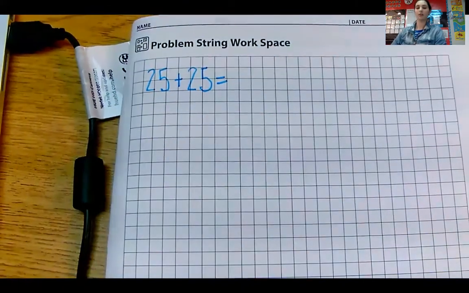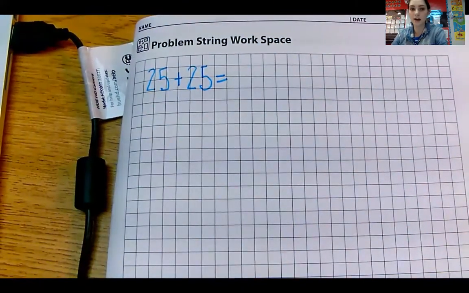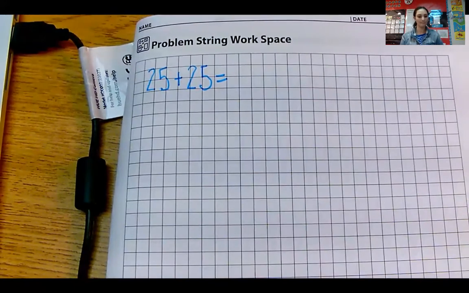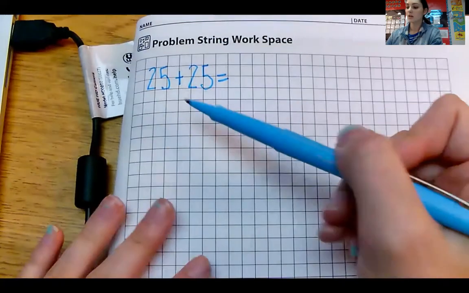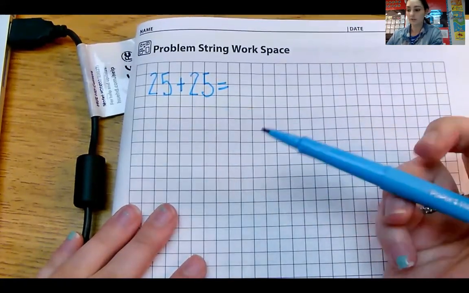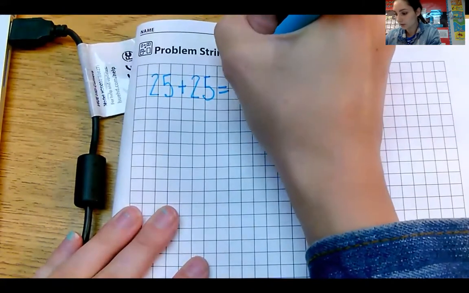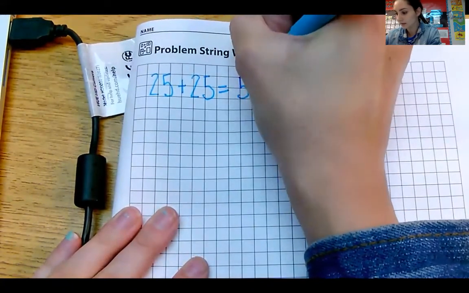So I want you to think for a minute, how can I solve 25 plus 25? All right, so here's some ways that you can solve 25 plus 25. So you might just know 25 plus 25 equals 50. You might just know that because it's a doubles fact.